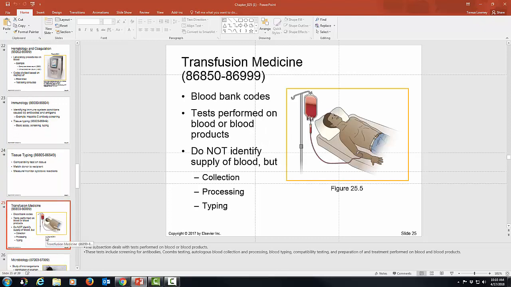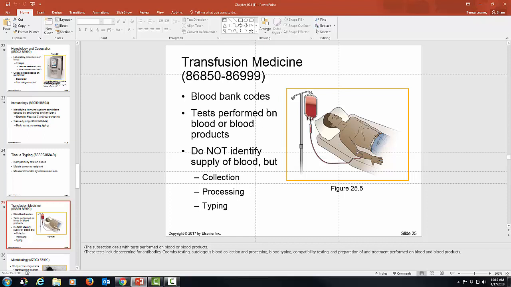And then the next section is on transfusion medicine, codes 86850 to 86999. The blood bank uses these codes. This is in your book on page 661 to 662. So here's a patient obviously getting a transfusion. The blood bank codes talk about the tests that are performed on the blood or the blood products. Prior to the 1980s, when HIV became prevalent, nobody tested blood for that, and now of course they do.